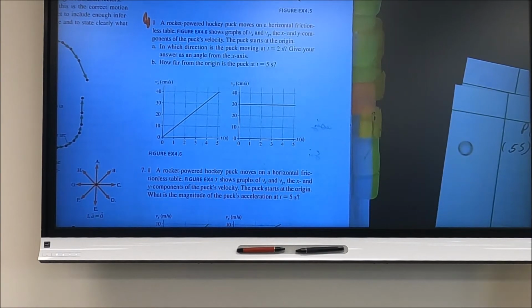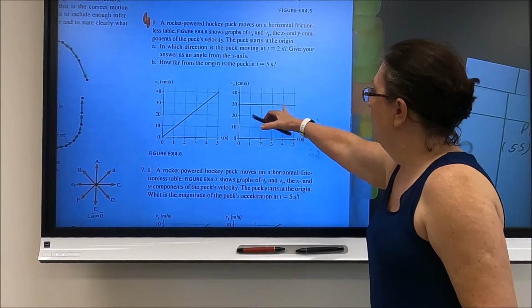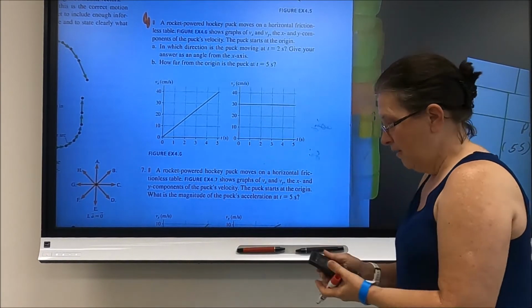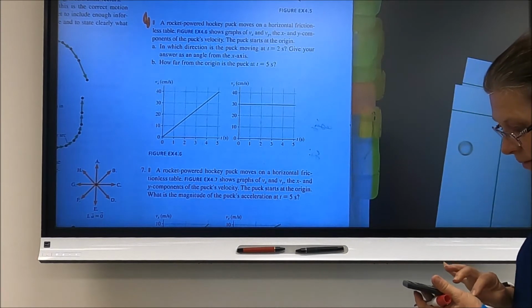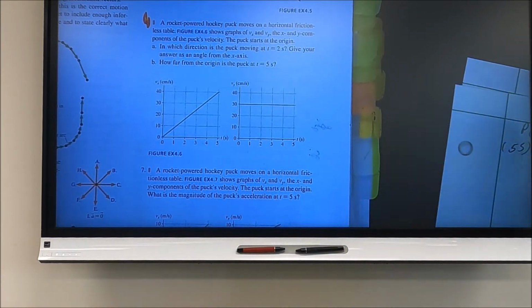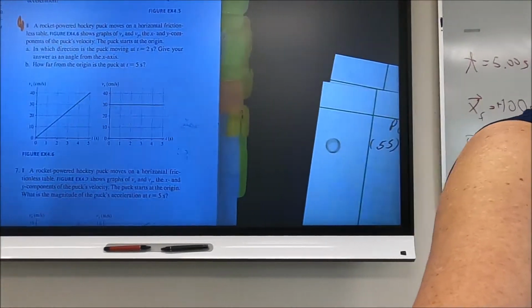Y final would be, we've got a rectangle here. I've got 5 times 30. So it's plus 150 centimeters. So that's all the information off the graph.